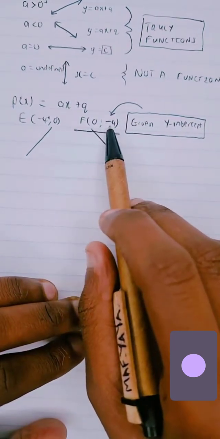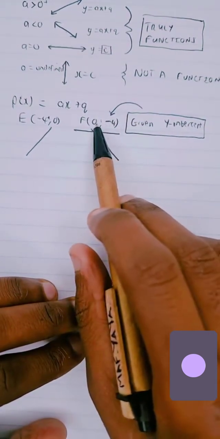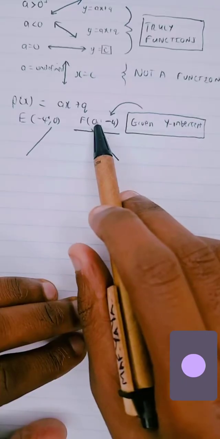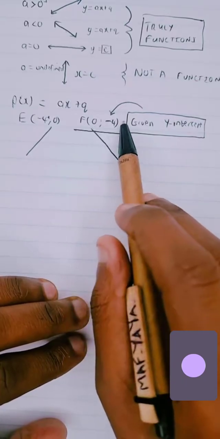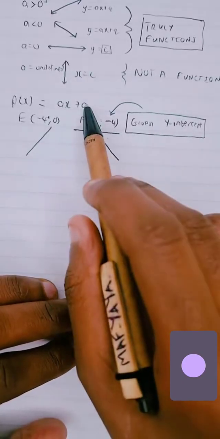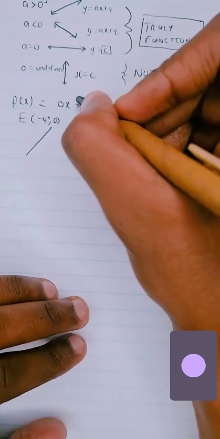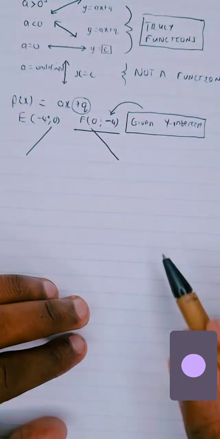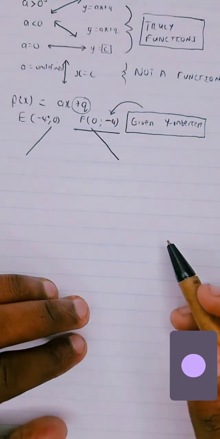Remember, when you want to find the y-intercept, you let x be 0, then you get a corresponding y value. This y value is actually the value of who, Z? Of q.